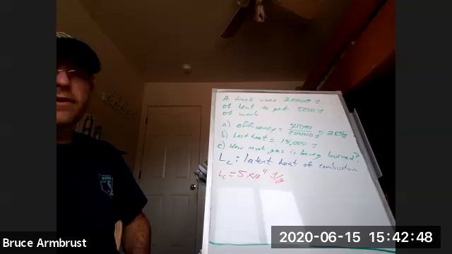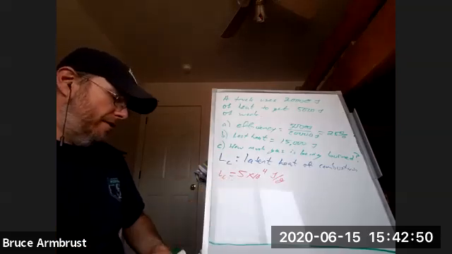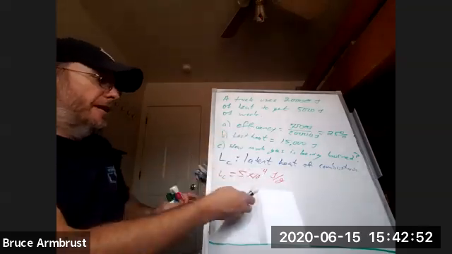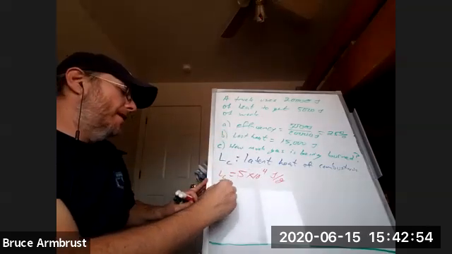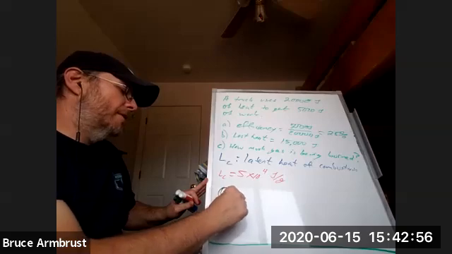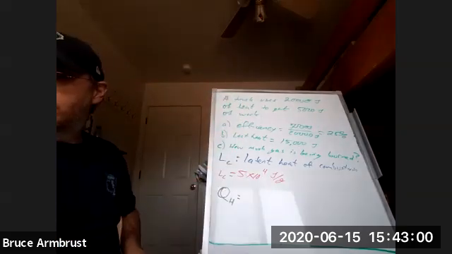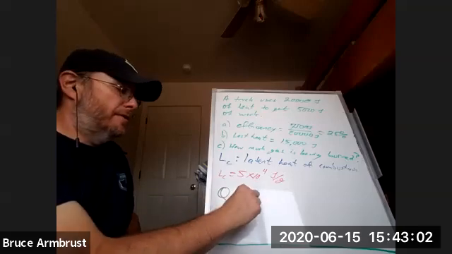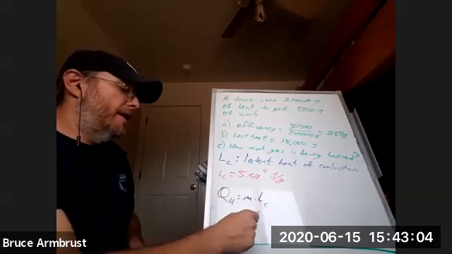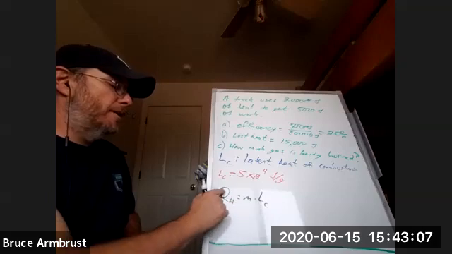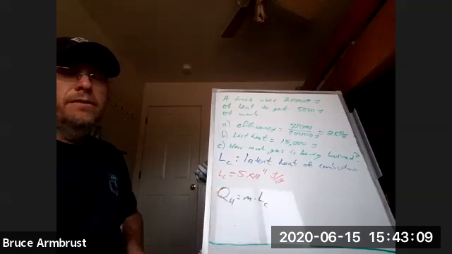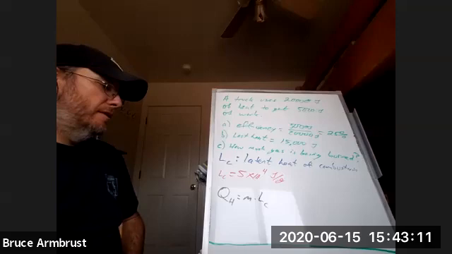So in terms of the form for this equation, or to calculate how much is being burnt, we're going to have our Q, I'm going to call it QH, because that's what we're getting. It's going to equal mass times this latent heat. And this is exactly the same formula that we used for all of them, regardless of which latent heat it is.